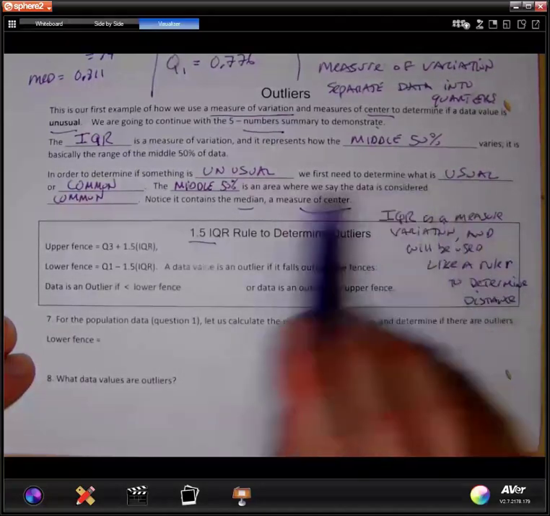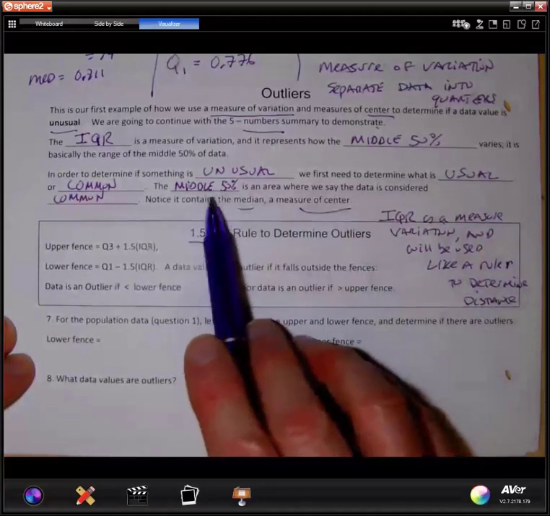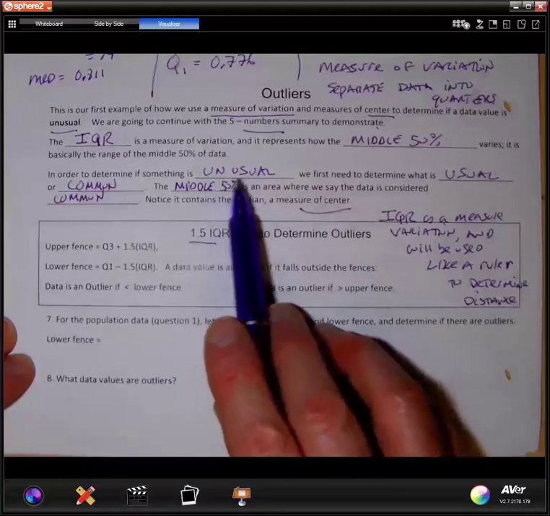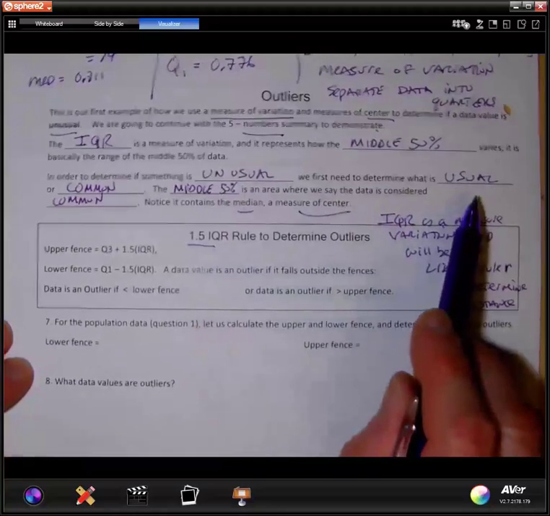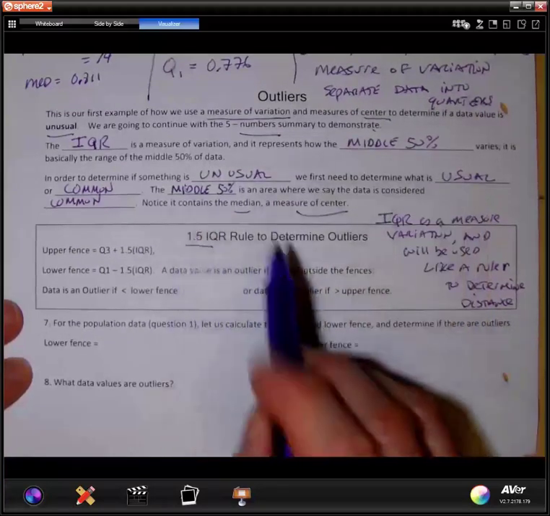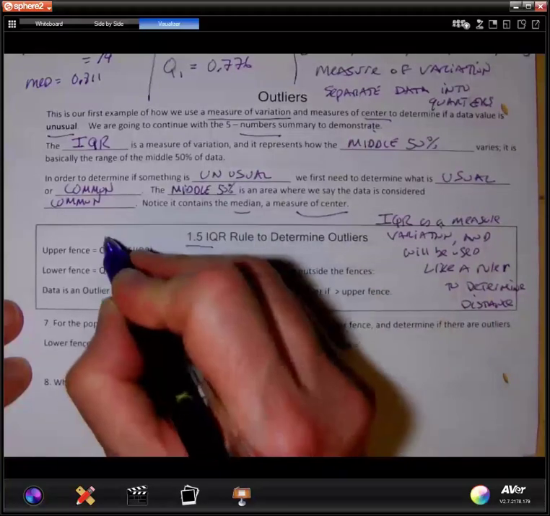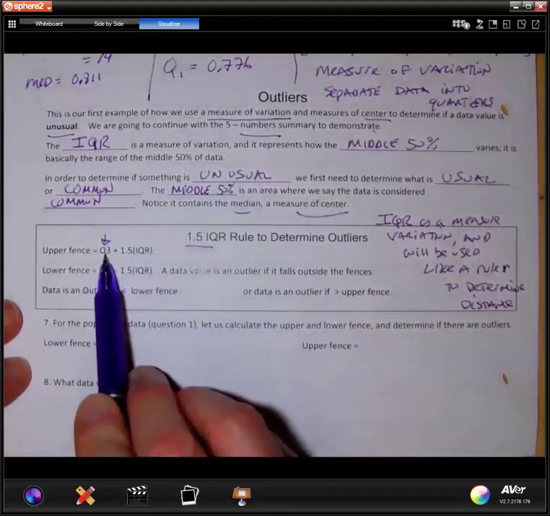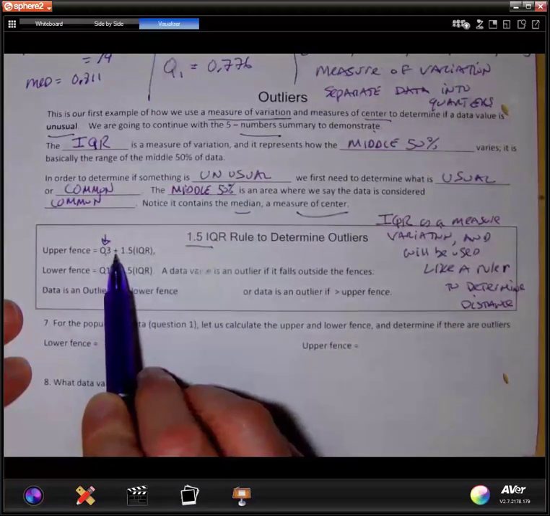So the middle 50% contains the spread of the middle 50%. That's what this IQR is. We're going to say that spread contains things that are usual, and then we're going to use that to determine what is unusual by doing what? By starting at one edge of the IQR and then going outside of it.